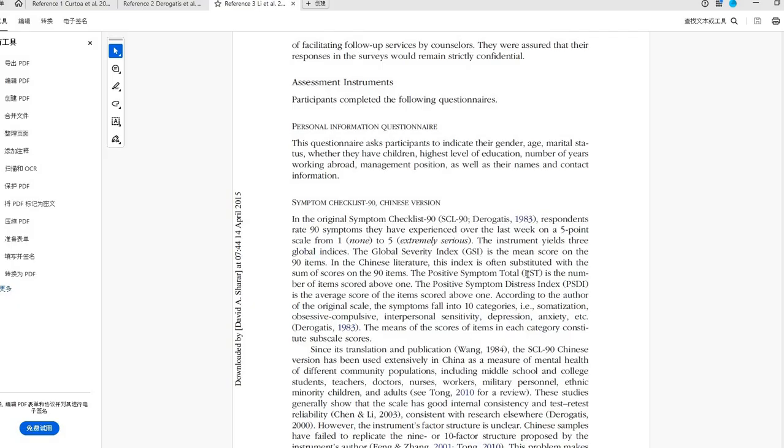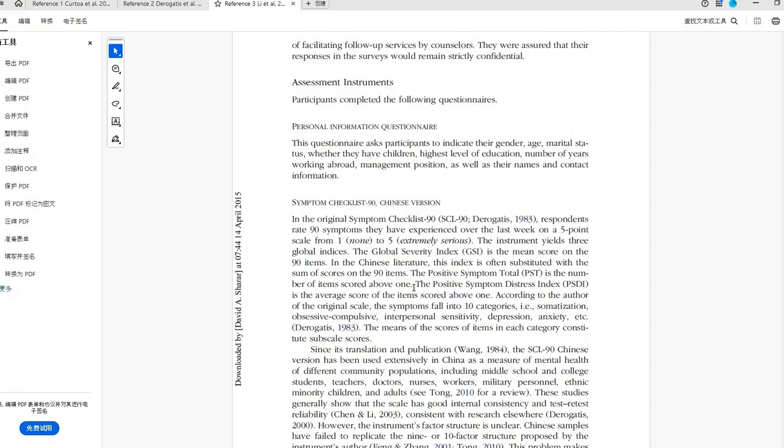You also have the positive symptom total. This is a count, the number of items scored above 1. How many items does this person score above 1? 1 is not at all, none. And the 2 is a little bit.